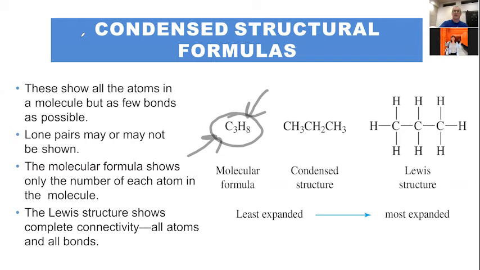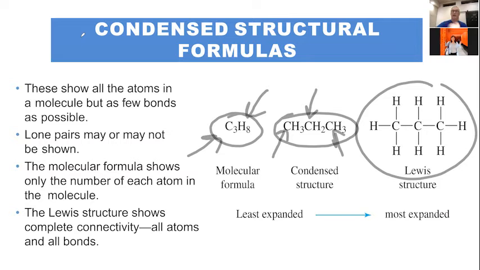Now, a condensed structure sort of breaks down what's happening at each carbon. So this tells you that the first carbon has 3 hydrogens attached, the second one has 2, the third one has 3. And then the Lewis structure basically gives you the whole thing. So this gives you the least information, the first one, and then this gives you the most.